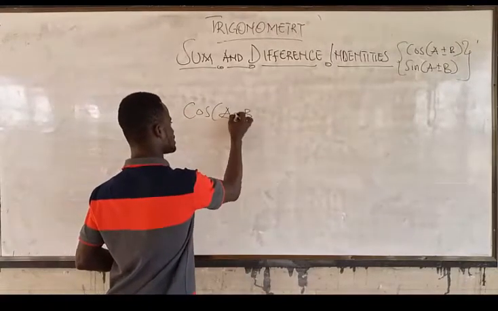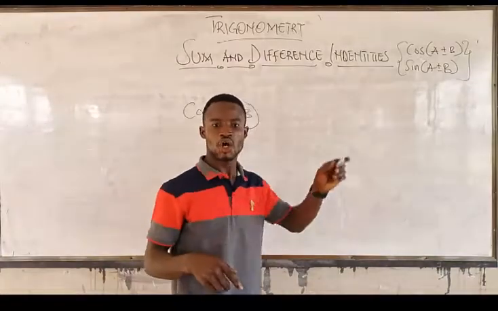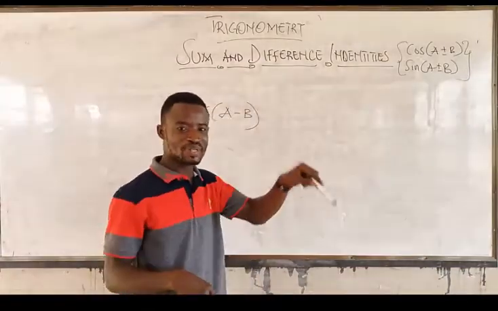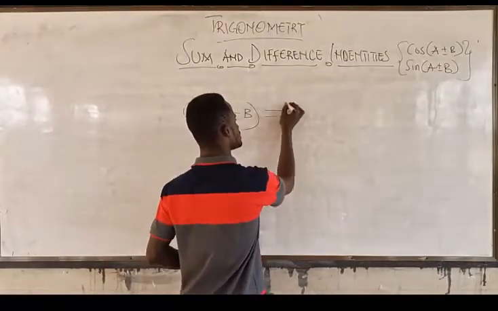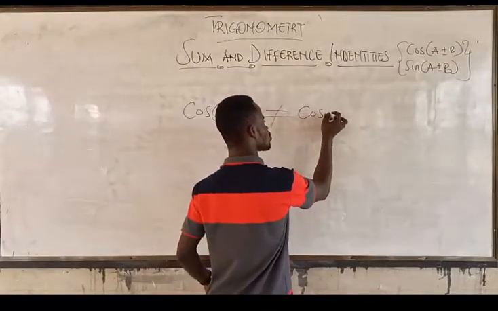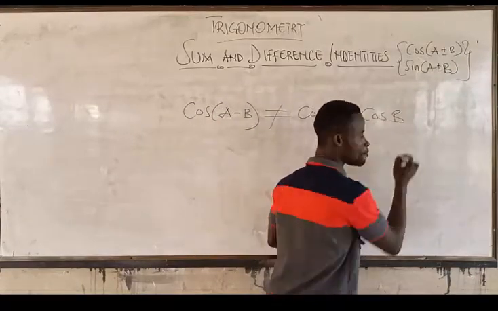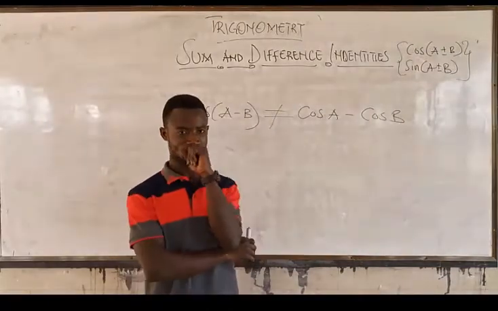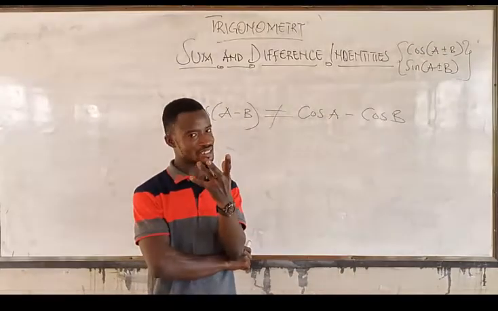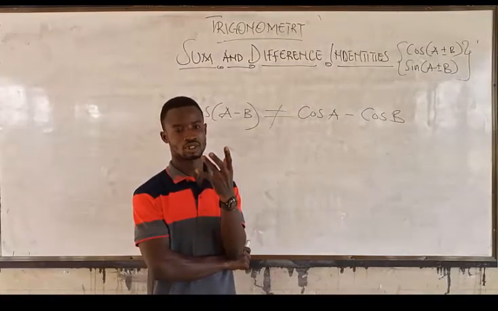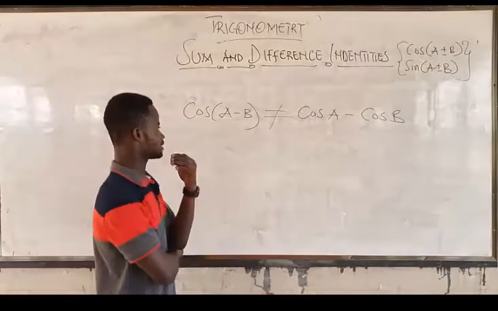By now, you should know that cos(A minus B) does not equal cos A minus cos B. It doesn't mean that we are distributing or expanding to break the brackets.